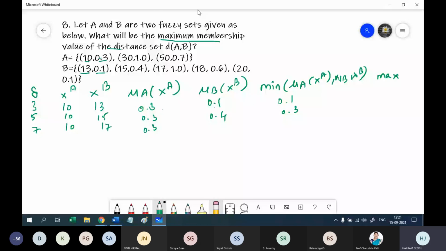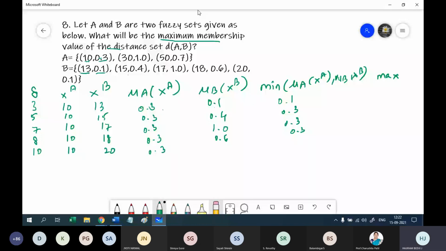Then the next distance is 8, which means 10 and 18. So 0.3 and 0.6, the minimum is 0.3. Then the next distance is 10, which means 10 and 20. 0.3 and 0.1, this is 0.1.